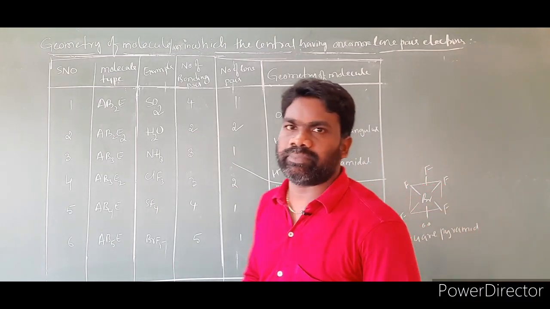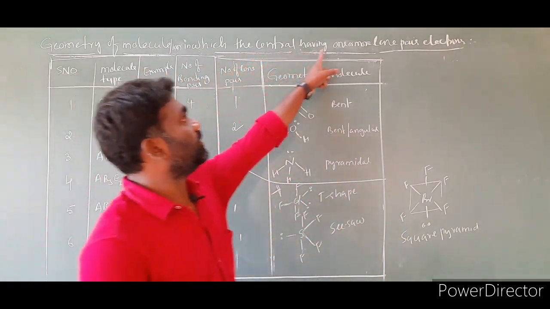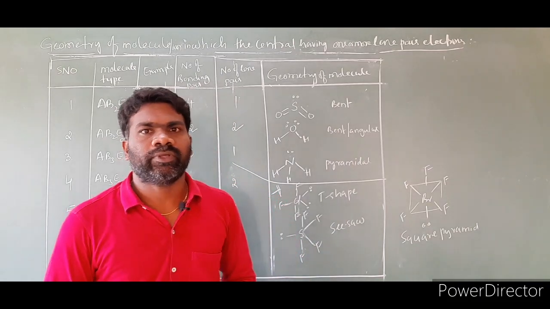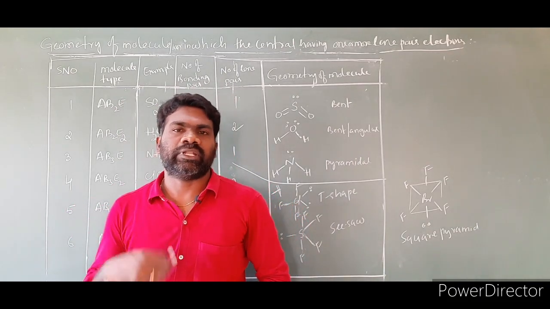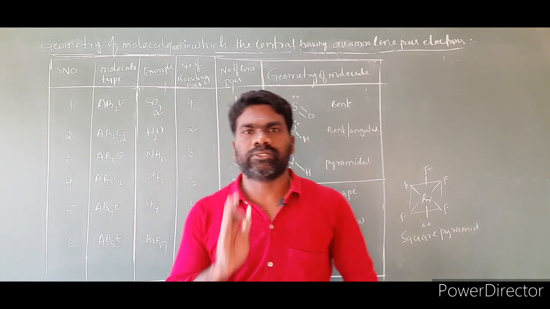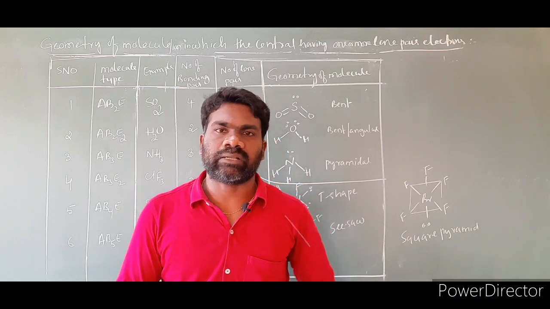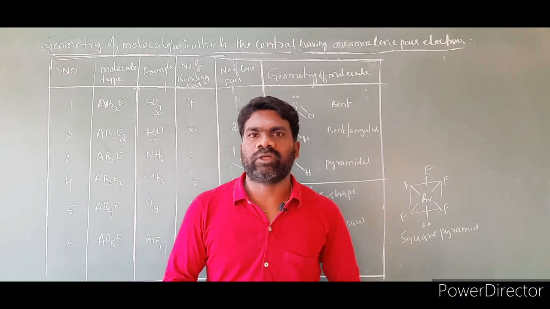So these are some examples of molecules in which the central atom has 1 or more lone pairs of electrons. According to valence shell electron pair repulsion theory, we divide the molecules into 2 categories. One category is molecules in which the central atom has no lone pair of electrons.